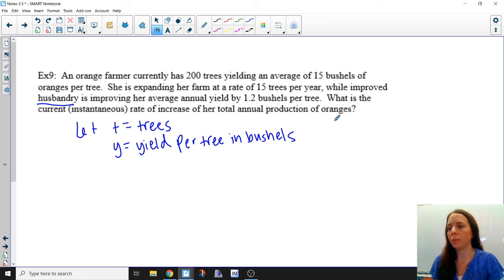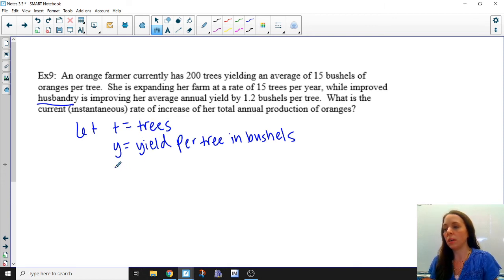Okay. Now, there is one other variable involved, and that is the total production. The total production here would be, she gets 15 bushels per tree times 200 trees, right? That would give her her total production right now.